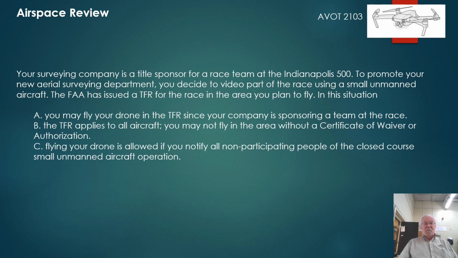So in this situation, A, you may fly your drone in the TFR since your company is sponsoring the team. No, that's obviously wrong. B, the TFR applies to all aircraft. You may not fly in the area without a certificate of waiver or authorization. Possible. C, flying your drone is allowed if you notify all non-participating people of the closed course small unmanned aircraft operation.